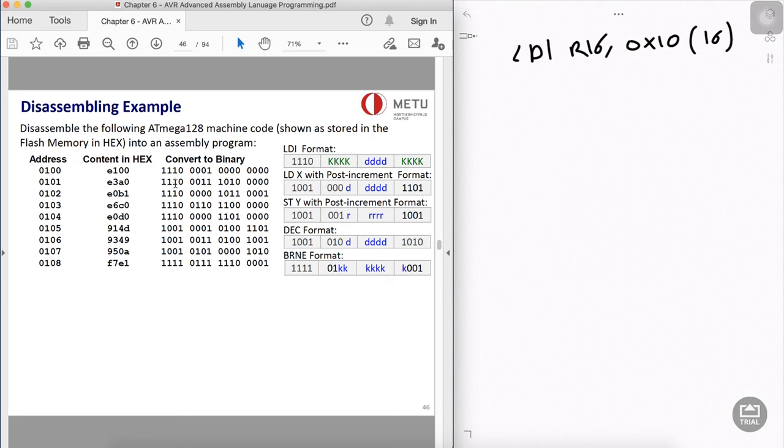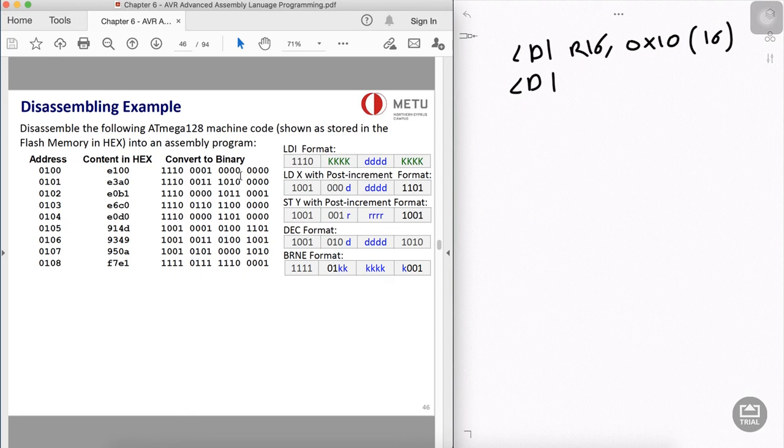Then it's 3A0. It's another LDI over there. Now this is an interesting one. LDI, and then we have 3 and 0, and this is 1010. So which GPR is that? If you think about it, R16 is 0, 1010 is 10.